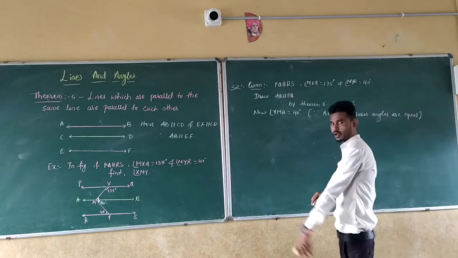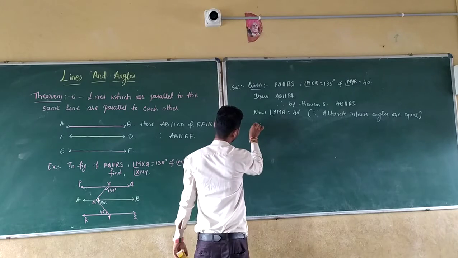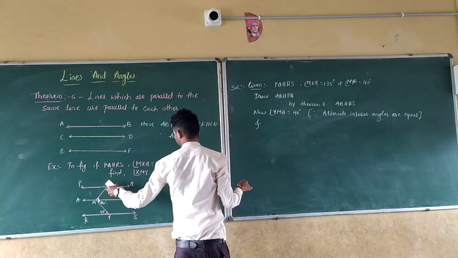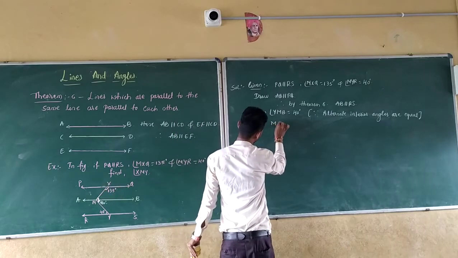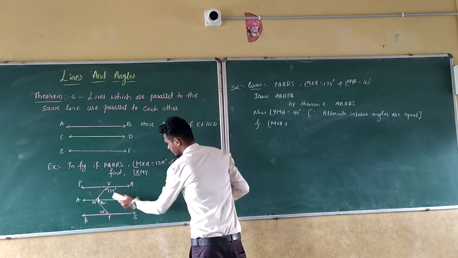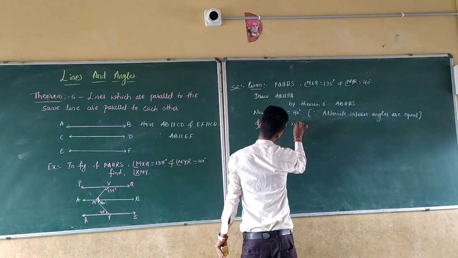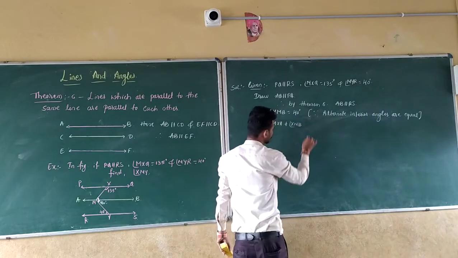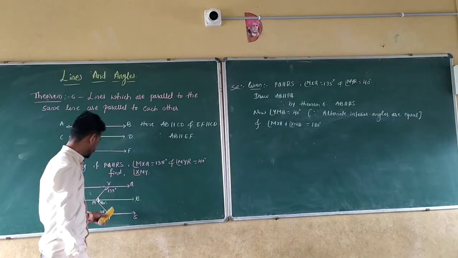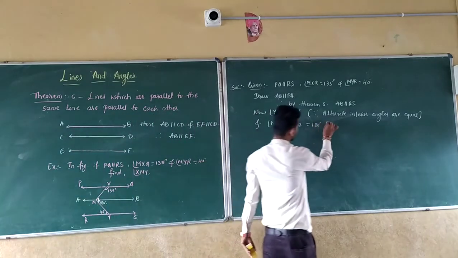Because AB is parallel to RS, angle MXQ plus angle XMB is equal to 180 degrees, because the angles on the same side of the transversal are supplementary.